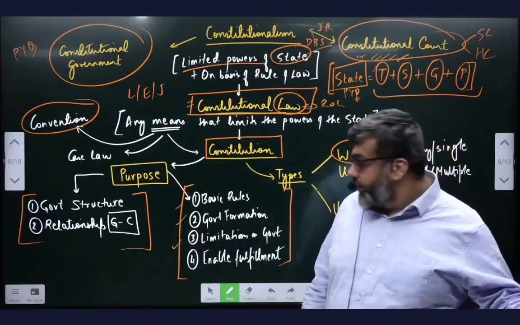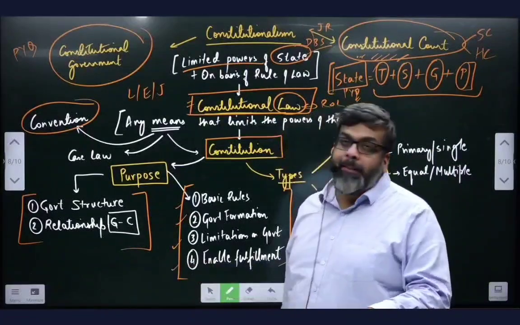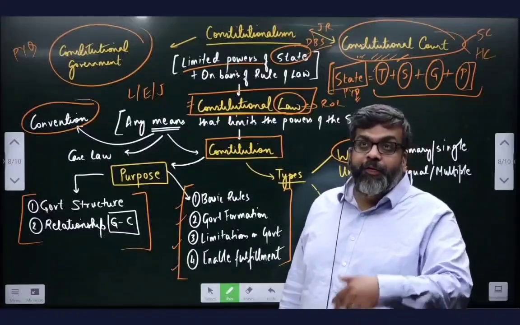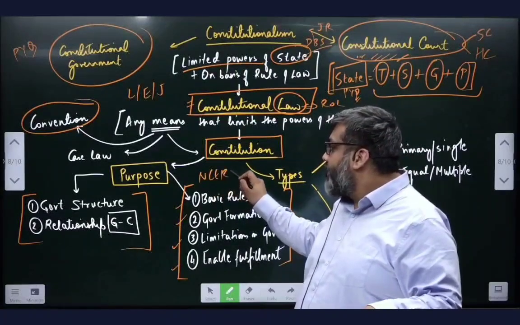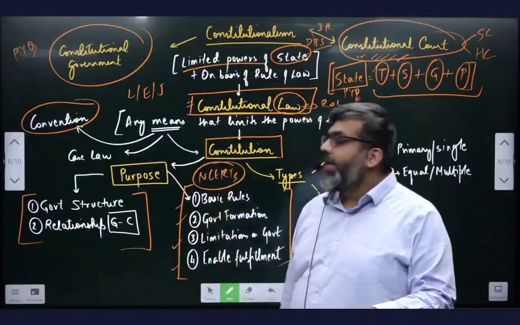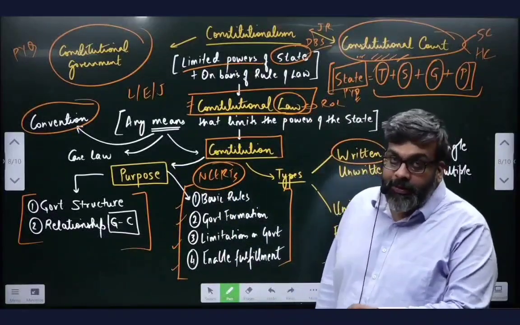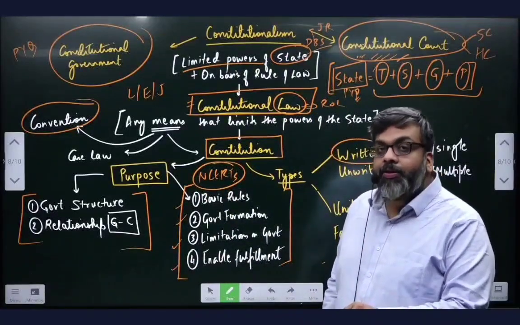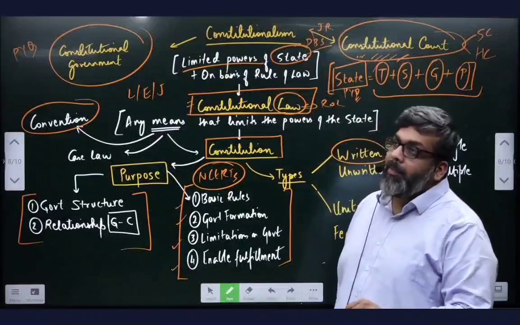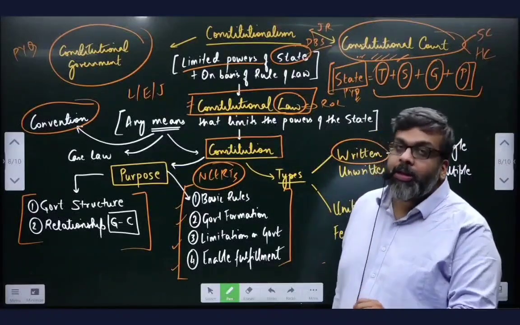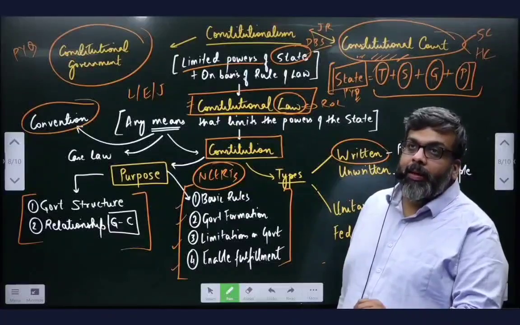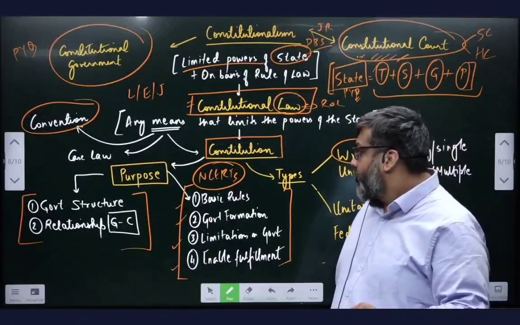And fourth, it also enables the government to fulfill the aspirations of society. This is directly from your NCERTs. In case any of these are in the options in the prelims exam, you've got to mark them right, because the NCERTs are in fact the ultimate truth when it comes to the polity part of the exam, apart from the Constitution.